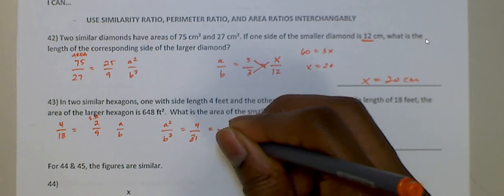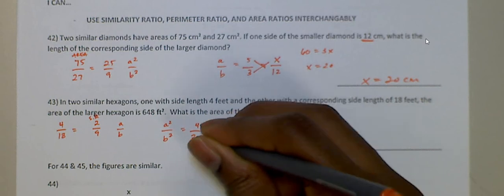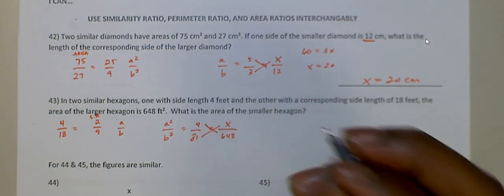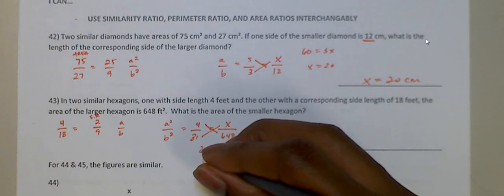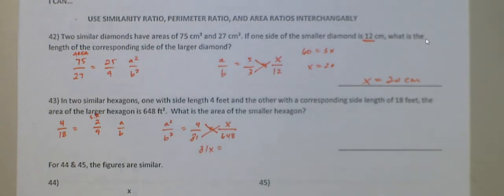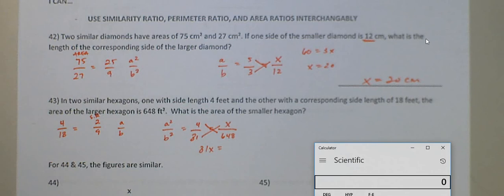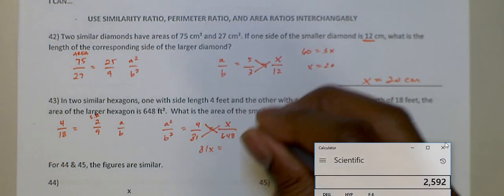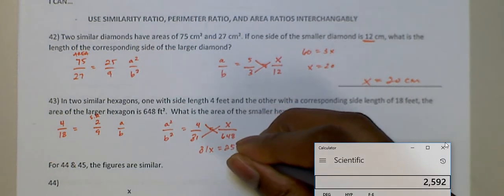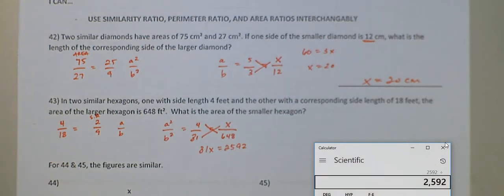We want to find the area of the smaller one. So cross multiply, 81x equals 4 times 648, 2,592. Divided by 81, and that's 32 feet squared.